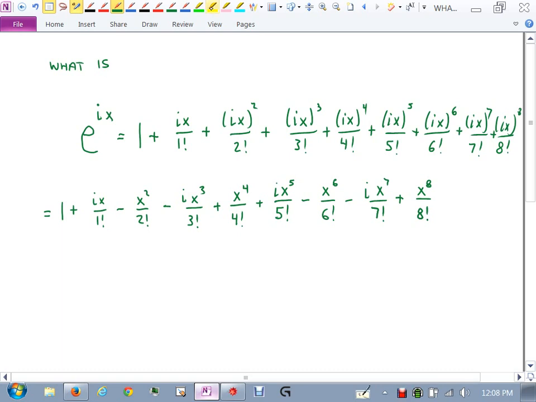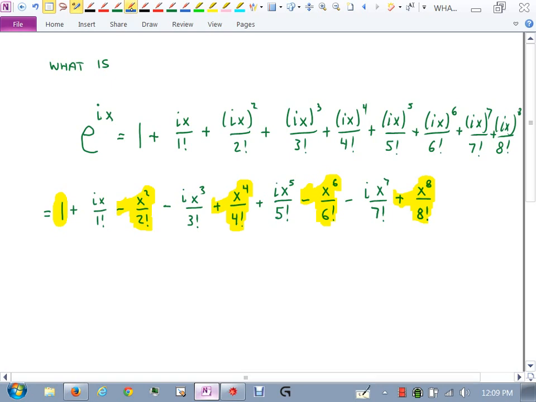Check this out. Does anybody see this? Let me help you a little bit. I'm going to look at all the things that don't have i's in them. Anybody recognize that series right there? What is that? That's cosine x.